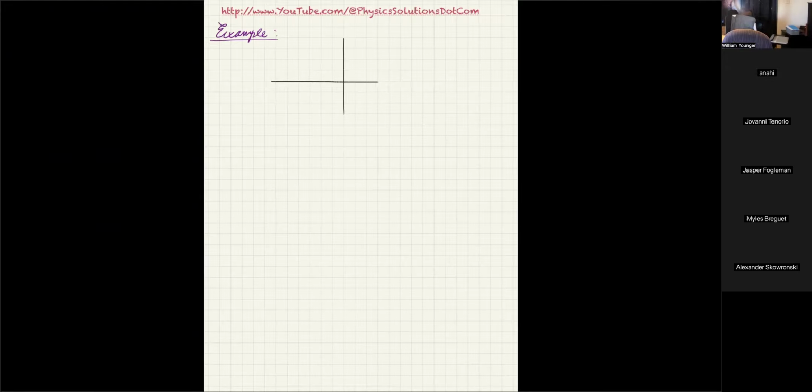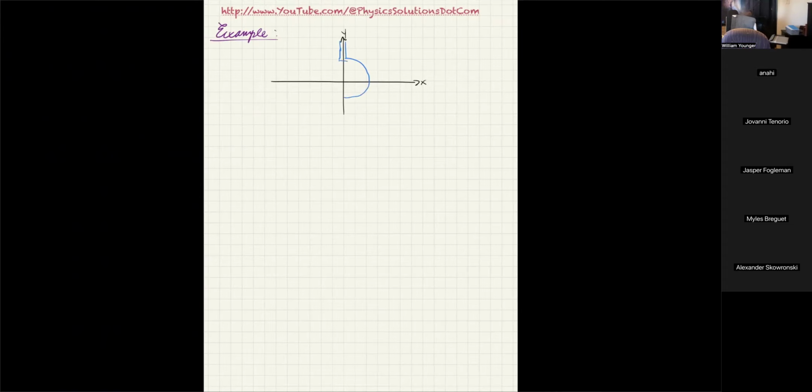that looked like this. There's my x-axis. There's my y-axis. Let's say I have a current coming in right here, and then that current is going to make an arc like this.